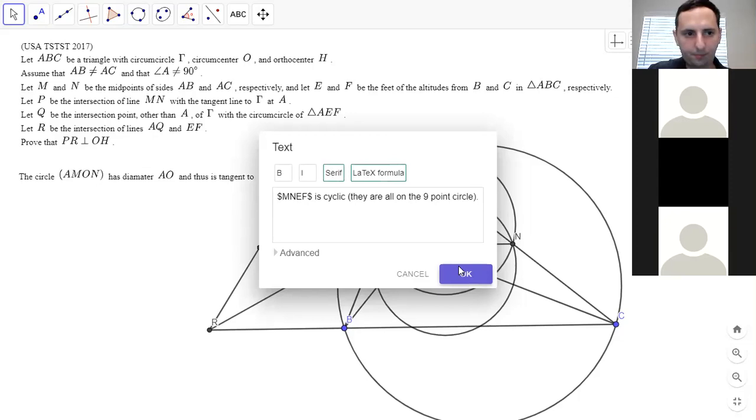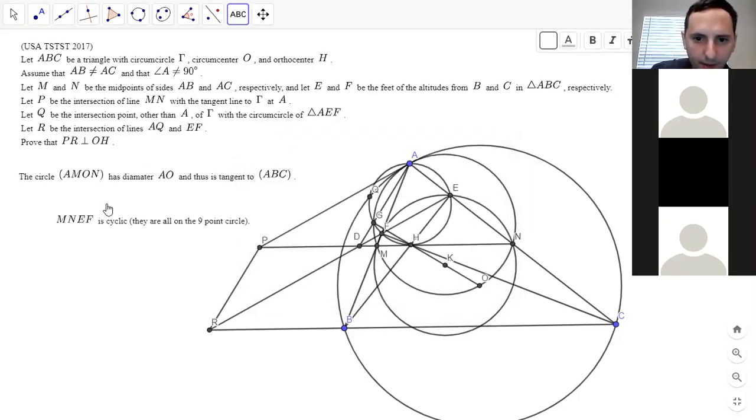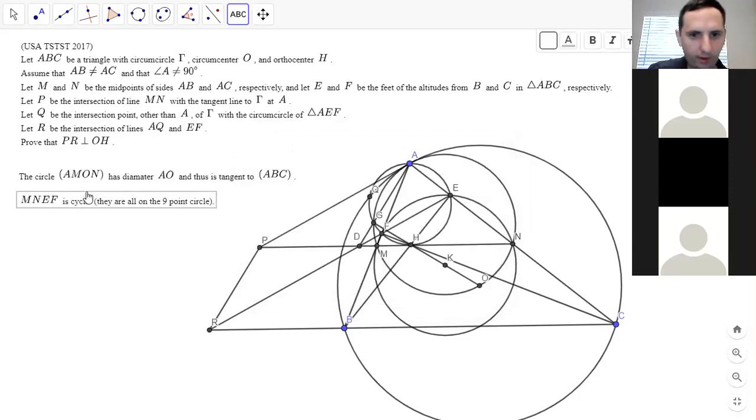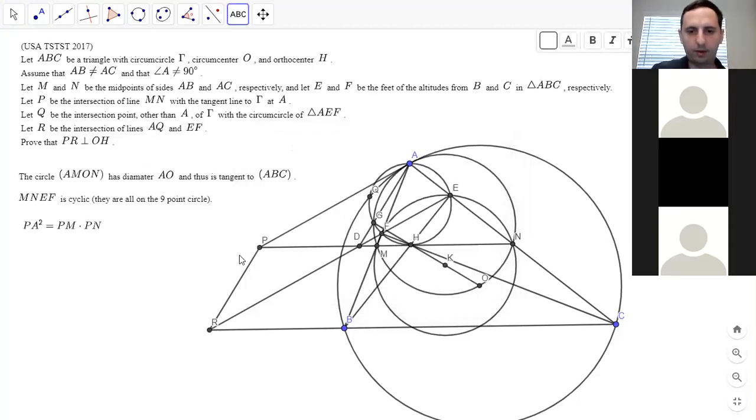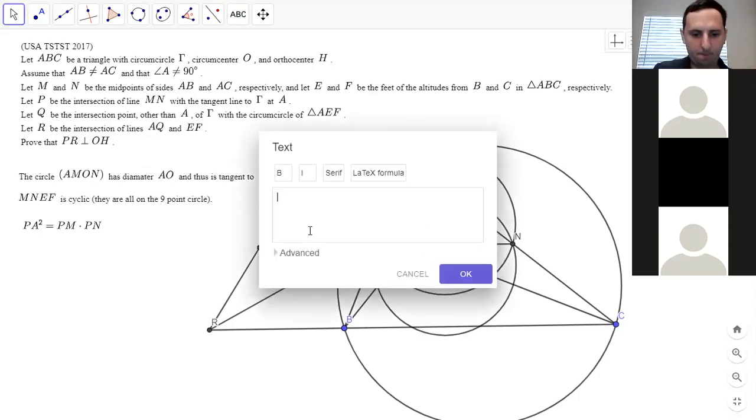And so PA squared is PM times PN. So P lies on the radical axis of the circle O and the circle K.